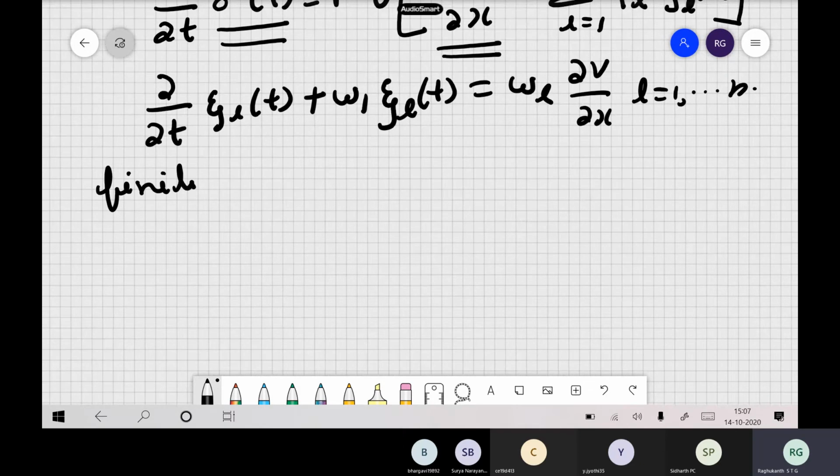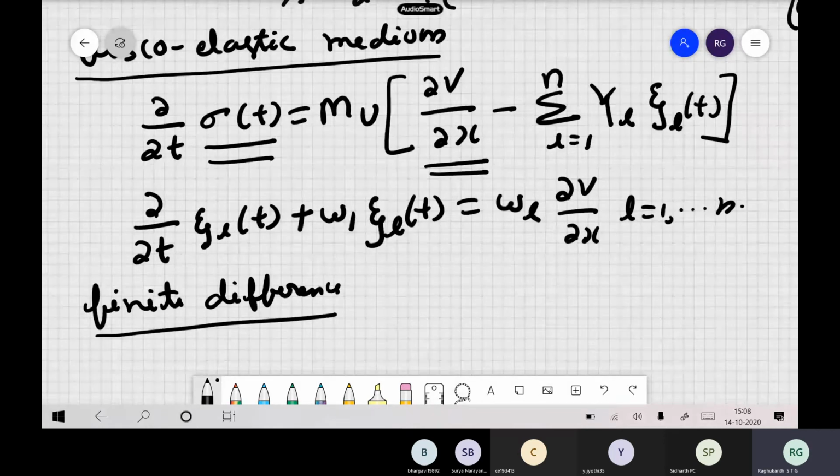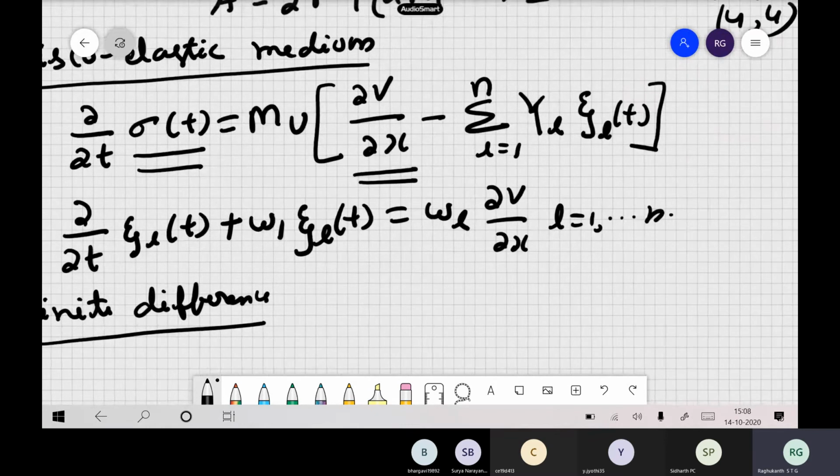Very simple. Same whatever we did for the perfectly matched layer. So same concept. You can see the perfectly matched layer equation and your viscoelastic material equation, both of them are the same. Only thing in viscoelasticity, this L goes from 1 to n, so many coefficients will be there.